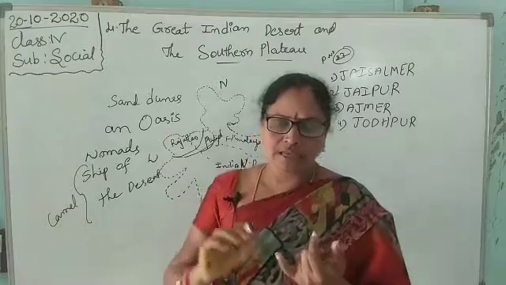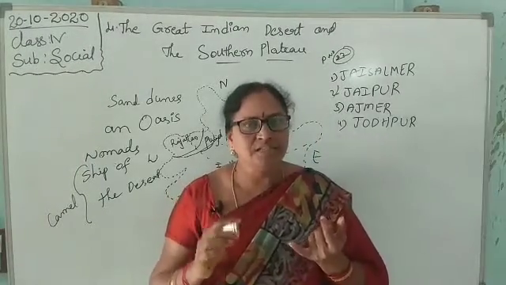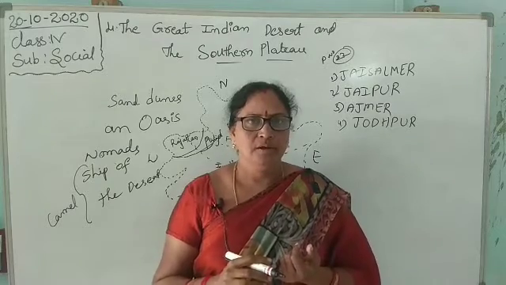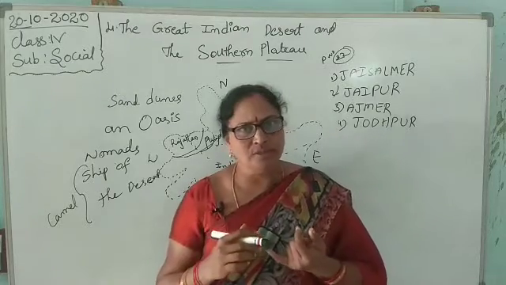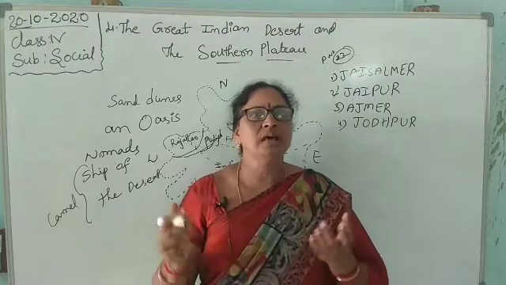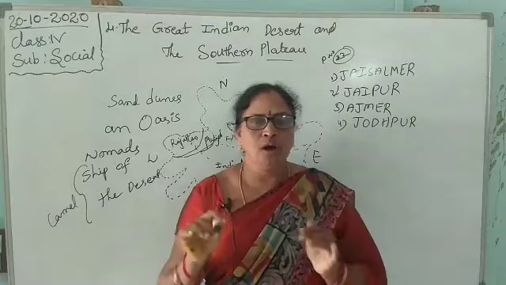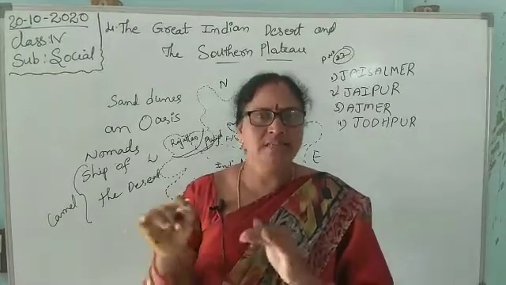It means the camel can be used as the ship of the desert to carry their loads as well as themselves. Why? Because the camel has long feet. It can walk easily in the sand.